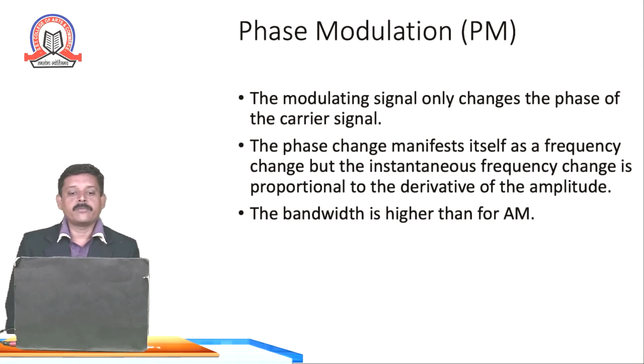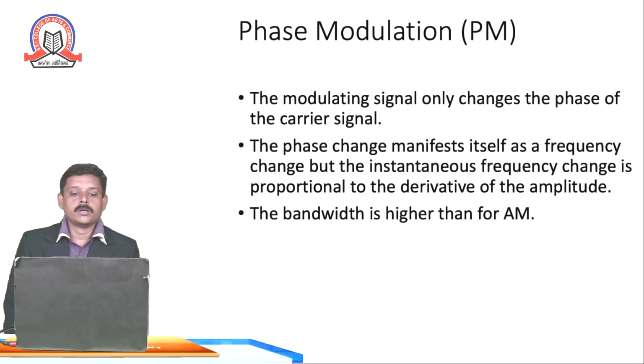Now what is meant by phase modulation? In phase modulation, the modulating signal only changes the phase of the carrier signal. The phase of the peak amplitude is changed by the modulating signal only. Then the phase changes manifest themselves as a frequency change, but the instantaneous frequency change is proportional to the derivative of the amplitude.